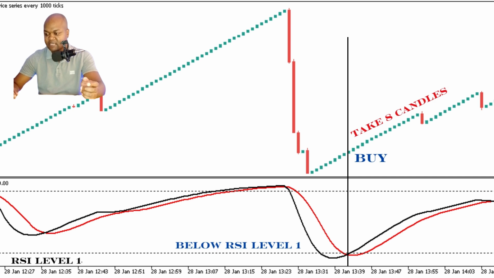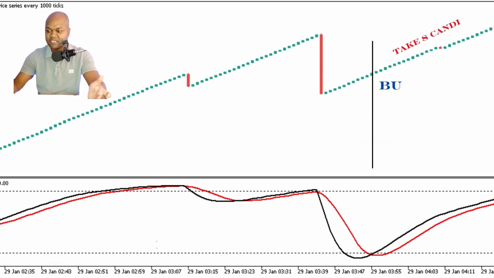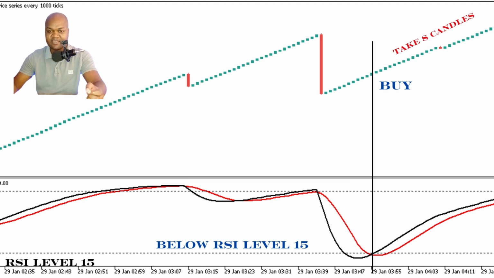Let's look at another example. We can see the crossing took place below the level 15, and then we're going to get our 8 candles. It's as simple as that. My strategies are very easy to use, but they're very powerful and very accurate. And they're unique. You really don't get to see anyone presenting or giving the same strategy.